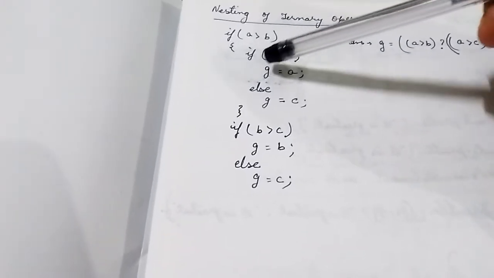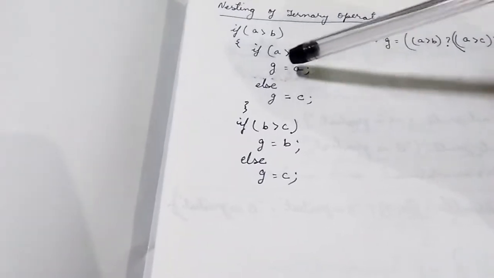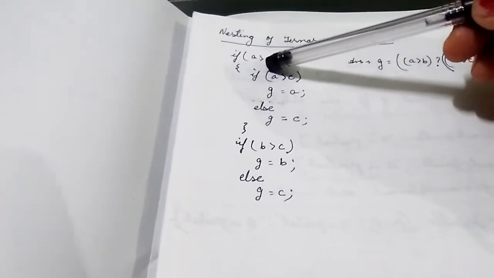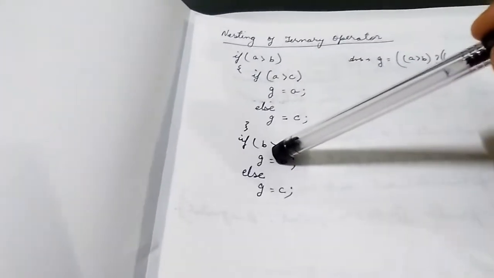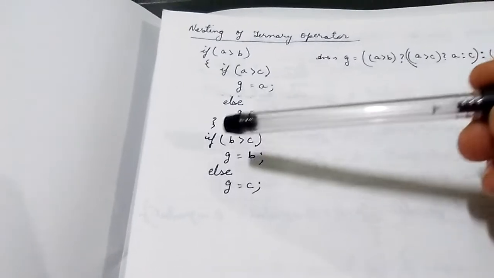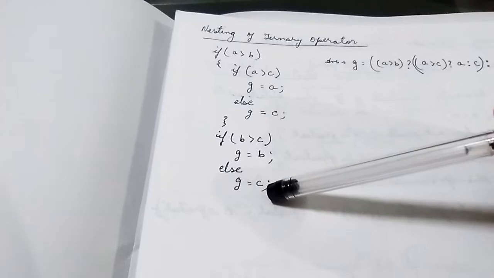If it is, then G, a variable, holds A, else G will hold C. If not, then it will go to B and check if B is greater than C, then G equals to B, else G equals to C.